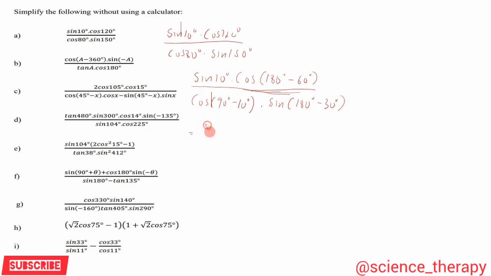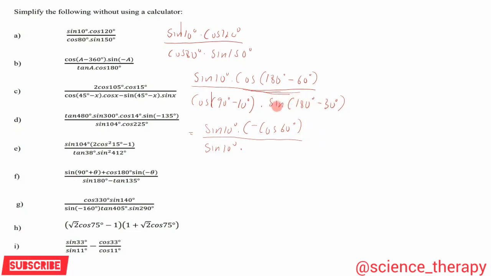Then I have sine 10 degrees and cos of 180 minus 60. Cos in the second quadrant is negative, so that means I have negative cos 60 degrees, all over cos of 90 minus 10 degrees. Now this will change to its cofunction, so it becomes sine 10 degrees, positive because cos is positive in the first quadrant. Then for this, we have sine of 180 minus 30 degrees.